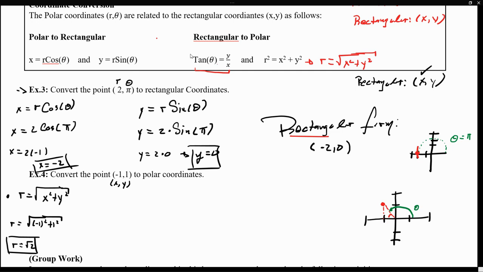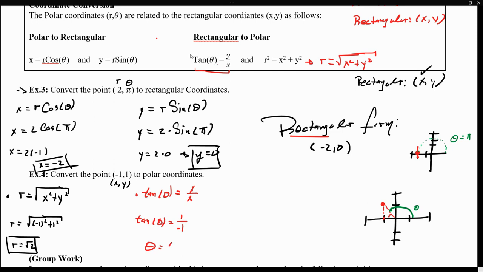So we've got to be careful about how we interpret the following result. If we use this conversion, I know that the tangent of my angle is equivalent to y over x. So the tangent of the angle, y is 1, x is -1.